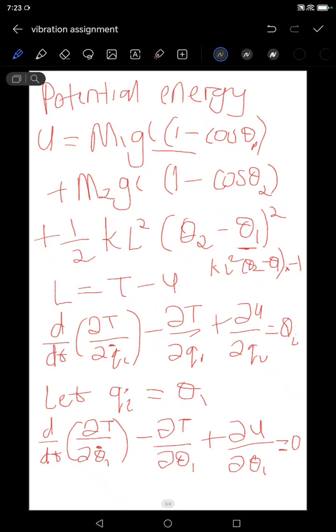So we derivated this one where we get m2gl sine theta 2, and then when we derivate this, it's going to be 2 multiplied by half, which is kl squared (theta 2 minus theta 1). But now we're going to focus on theta 2. The derivative of theta 2 is positive 1.